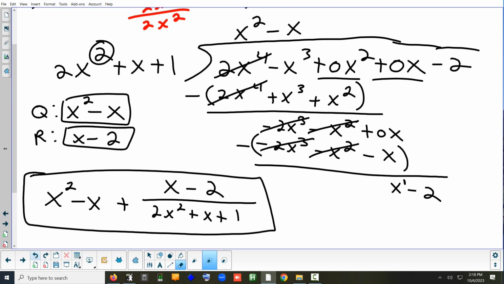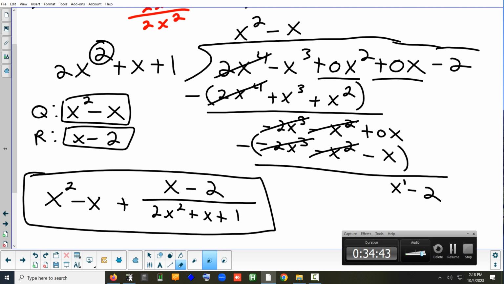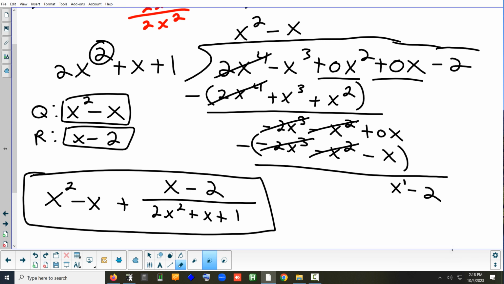So yeah, we use the zeros. We have to fill them in because you have to make sure you have like terms in columns. If you don't put the zeros in, then you won't have a column for the x squareds or for the x's in this case too.